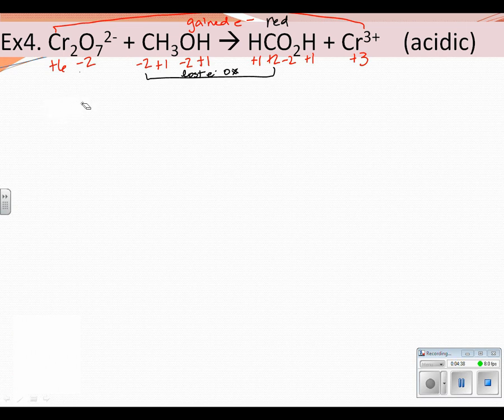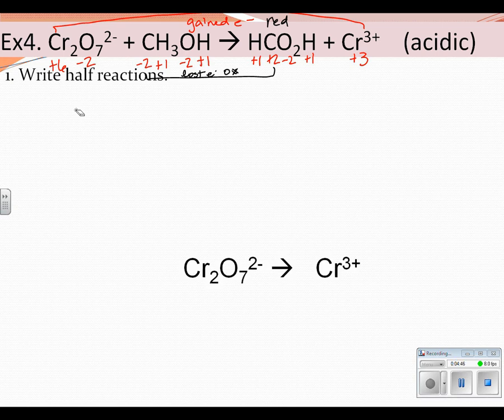Okay, so after I do that, now I can write my half reactions based on what was reduced and what was oxidized. So my reduced one was my Cr2O7 2 minus, which became the chromate ion as the product.